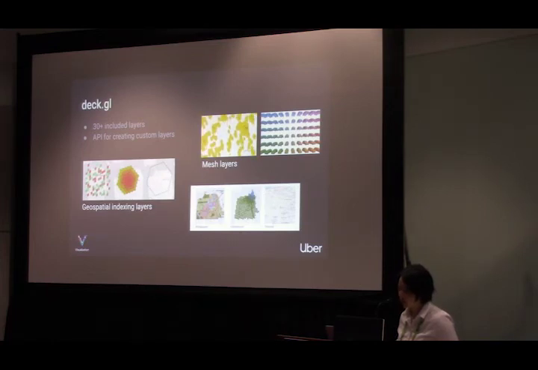We also have different geospatial indexing systems, for example, Google's S2 and Uber's H3 layers. And our API is designed to be very easy to extend, which means you can create your own custom layers on top of DeckGL.